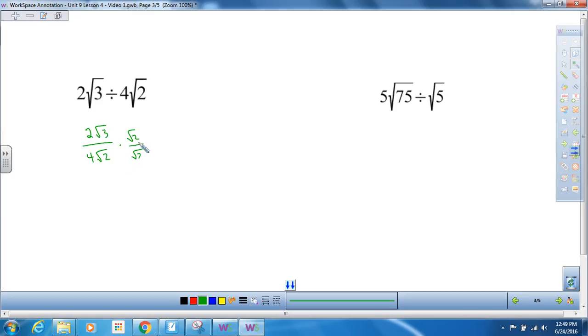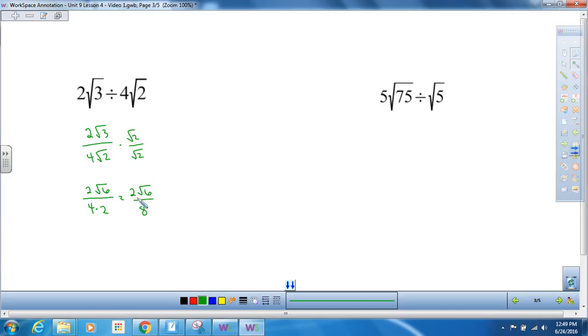When I do 2 square root of 3 times square root of 2, square root of 3 and square root of 2 are inside, so I'll combine those and do 2 square root of 6. And then 4 times square root of 2 times square root of 2 is 8. So this is 2 square root of 6 over 8.